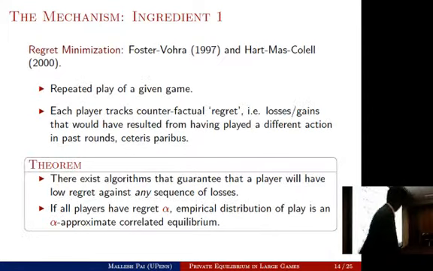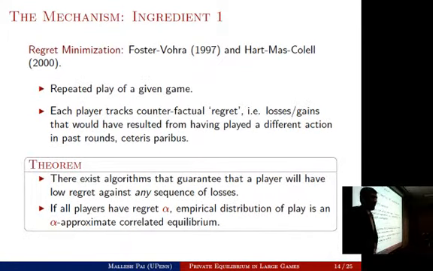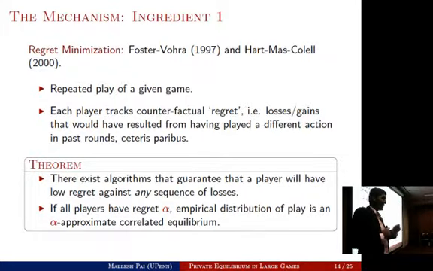Sorry, I should have been more clear. The actual stage game gets played only once. How do I compute an equilibrium of the stage game? The mechanism asks everyone for their types. Once it has everyone's types, it has an underlying stage game. It simulates no regret play for a bunch of rounds internally within the mechanism. As it keeps track of the simulation, it knows that the empirical distribution of play is an alpha approximate correlated equilibrium.